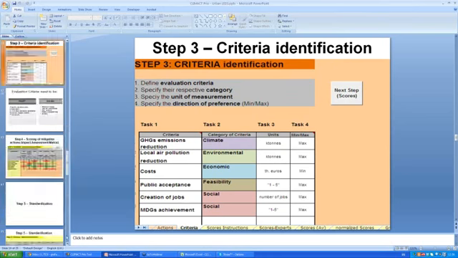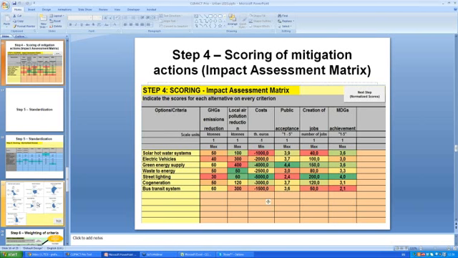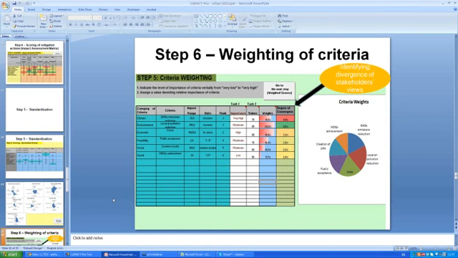Then for the scoring step, we organized an expert judgment focus group discussion where different experts expressed their judgments regarding the possible impacts that the alternative actions would have. And at the end we organized another stakeholder consultation group discussion for the weighting of criteria.